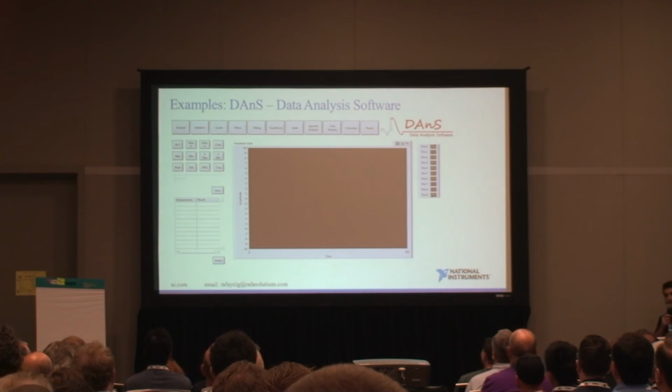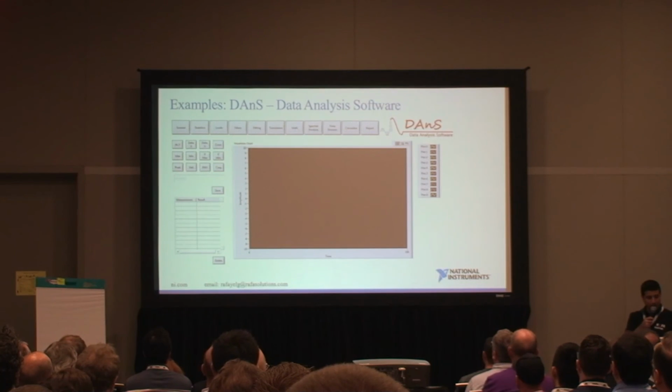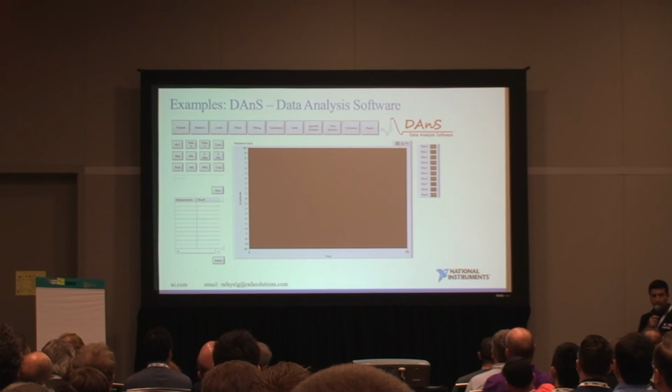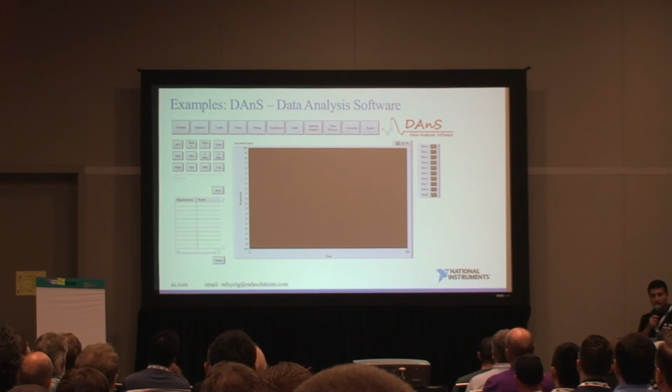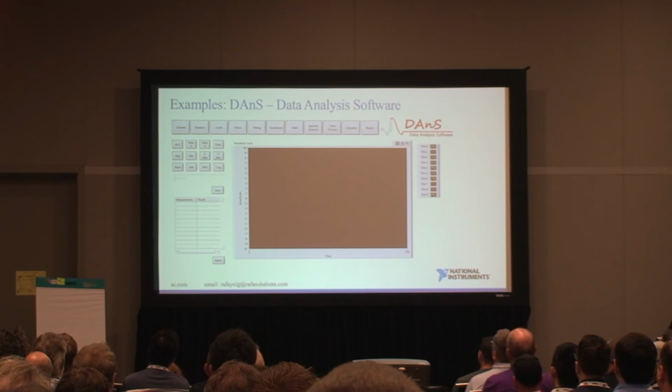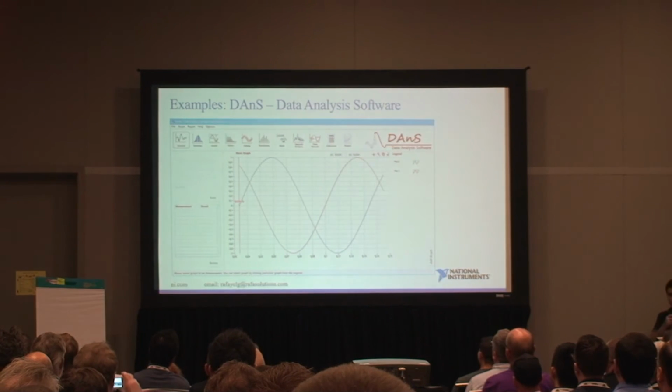Another good example, as we are almost at the end of the presentation. I just wanted to share an example of one of our software applications without any customization. These are the regular LabVIEW buttons. Then I click this button, and this is how it looks after you customize it.